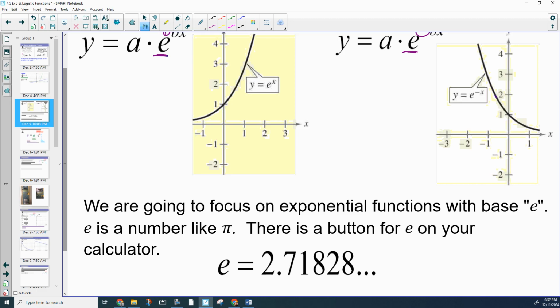Like pi, it keeps going forever. On your calculator, there's a button on the left-hand side towards the top, and it has an E with an X like that. That's the button that we're going to be using as we do these.